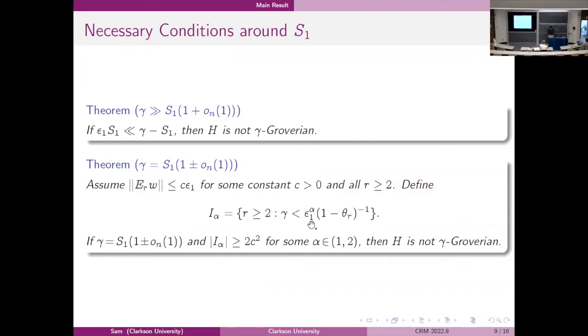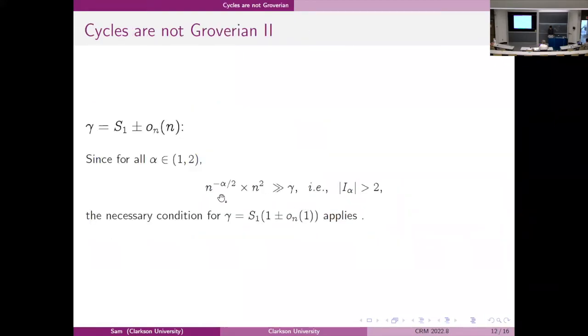And this epsilon 1 to the alpha, epsilon 1 is 1 over square root n, so it's n to the minus 1/2 multiplied by alpha. And this delta 2 is 1 over n squared, and you have another minus here. So it becomes n to the (2 minus alpha over 2). Going back to here, we got this one here, and compared with n, of course, it would be asymptotically bigger than n.